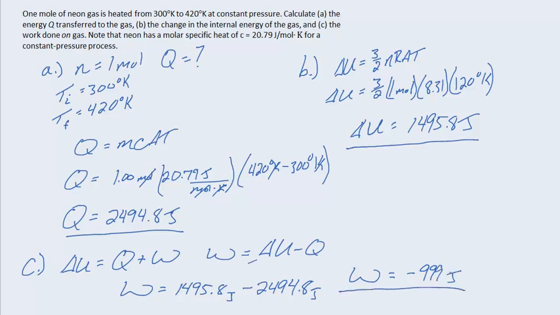This means our volume must have expanded, which would result in a negative value of work, which shouldn't be a surprise since our gas is heated from 300 degrees Kelvin to 420 degrees Kelvin. We would expect that our change in volume would be positive, meaning that our value of work would be negative.